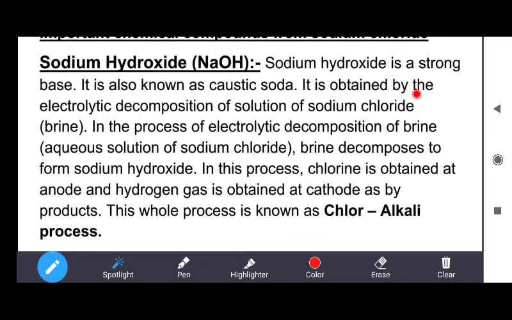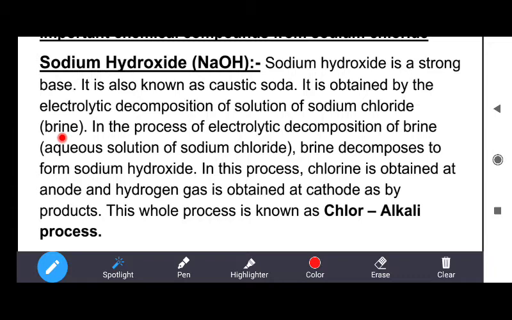It is obtained by the electrolytic decomposition of a solution of sodium chloride, meaning brine. What is brine? Brine is the saturated solution of sodium chloride. Saturated solutions are those in which no more solute can be dissolved at a particular temperature, meaning the maximum amount of solute has already dissolved.